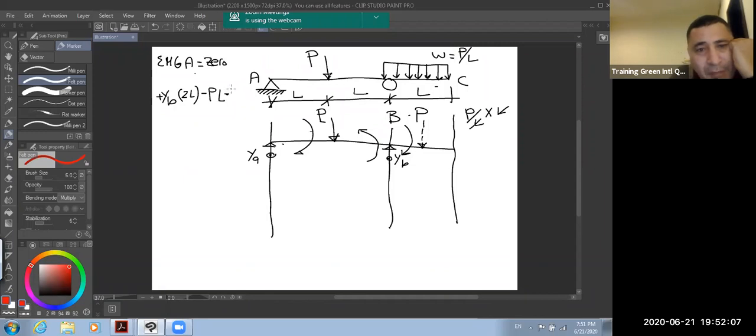B multiplied by 2.5L. Why 2.5L? Because this is L over 2 and here is 2L, so 2.5L, equal 0.